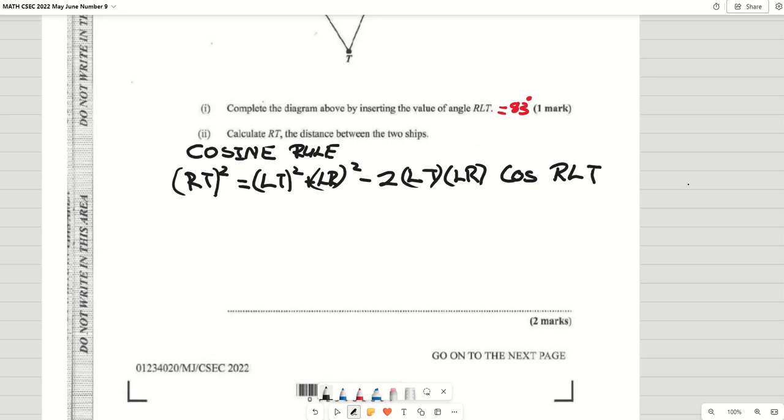Please note, the side that is opposite this angle here is this first term here, what it is equal to. So that is how I know RT is the first thing to go.